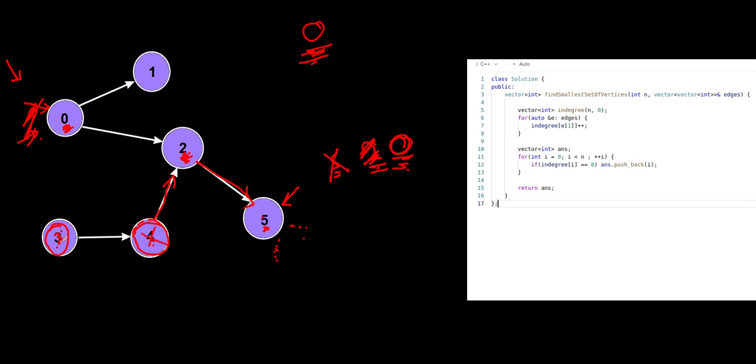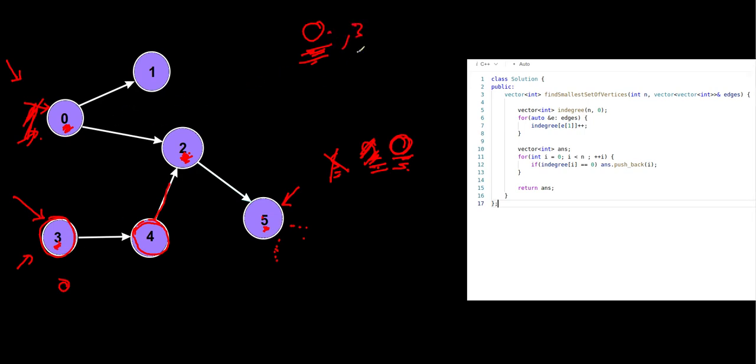In this case we cover 3 and 4 and all the nodes reachable by 4. And again we are taking 3 because it's kind of a parent, there are no other nodes connected into 3, so the number of edges coming into the node 3 is 0, so this should be part of the solution.